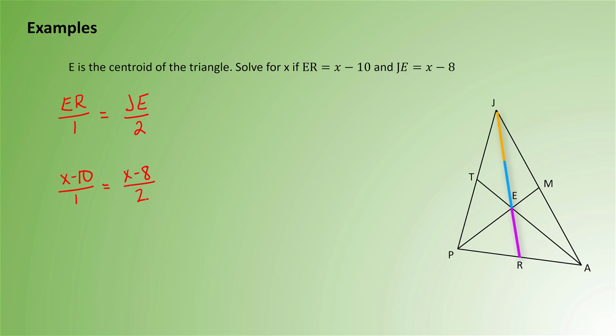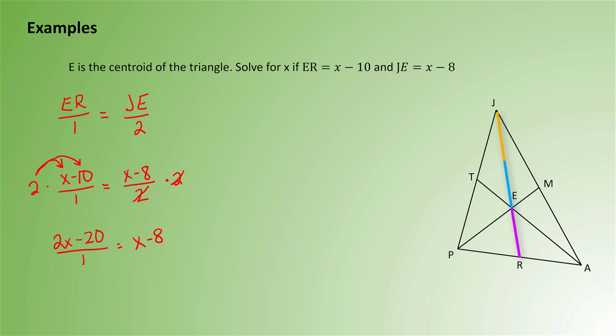So what we're going to do is we are going to multiply by the denominator. So times 2 to get rid of that denominator, times 2. And the 2 here on the left is going to be distributed to both of those values. So this becomes 2x minus 20 over 1 equals x minus 8.